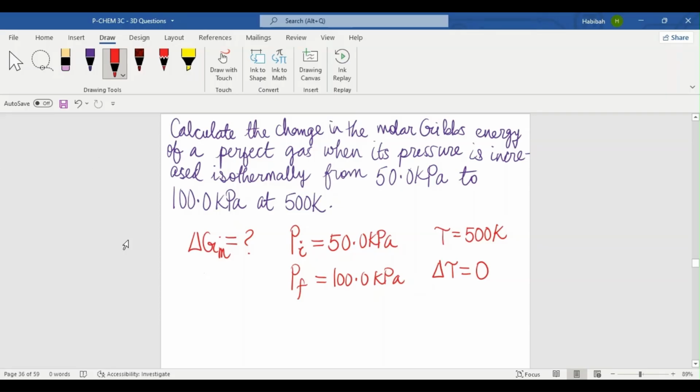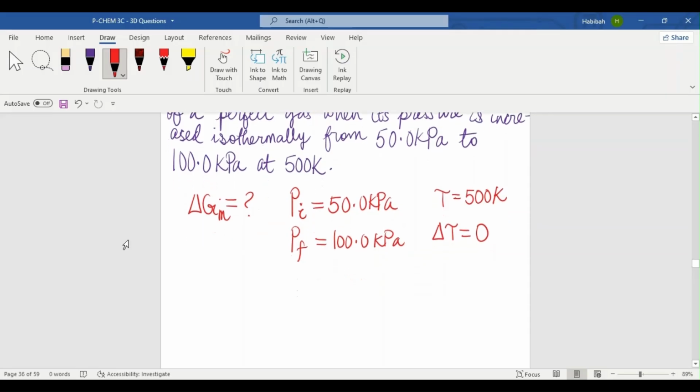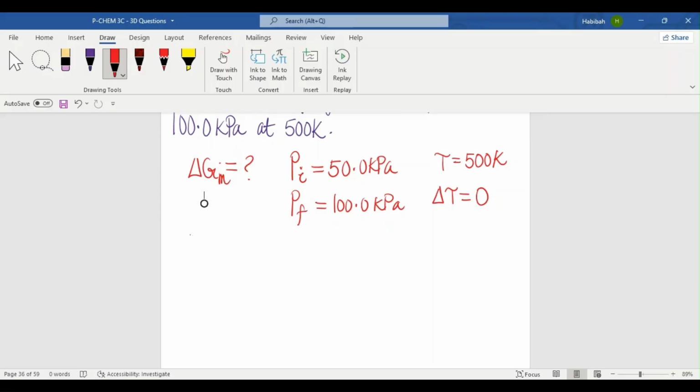So in an isothermal question where we're supposed to calculate the change in Gibbs energy or the change in molar Gibbs energy, the formula we're supposed to be using is this one right here, which is the molar Gibbs energy at the final pressure is equal to the molar Gibbs energy at the initial pressure plus RT ln P final divided by P initial. So the molar Gibbs energy at final pressure equals the molar Gibbs energy at the initial pressure plus the gas constant times temperature times ln P final divided by P initial.